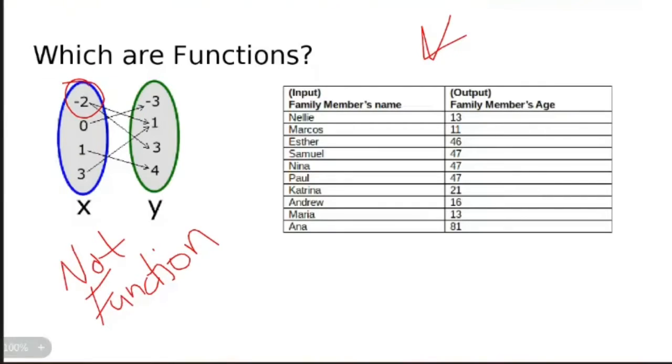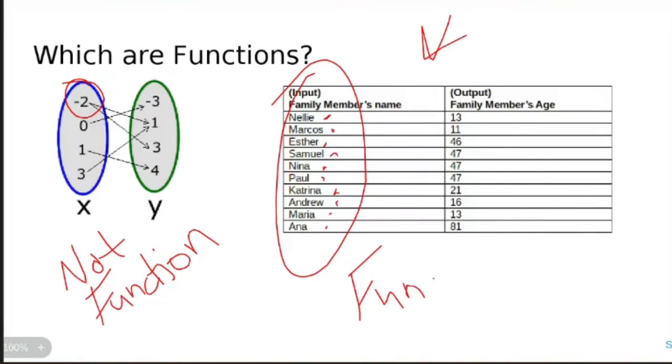So Nellie has her own answer, and Marcos has his own, and Esther has hers, and Sam has his, and Nina has hers, and Paul has his, and Katrina has hers, and Andrew has his, and Marina has hers, and Anna has hers. Everybody has their own answer. So none of these x values repeat, which means this is a function. I didn't see any of those names in the input repeating, so it is a function.